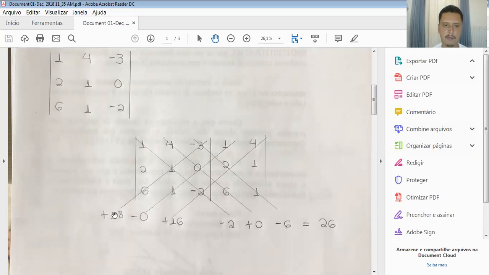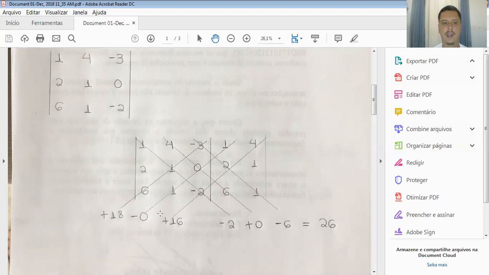So I put here plus 18. 1 times 0 times 1 equals 0. If I put a minus sign in front of it, it becomes minus 0. 4 times 2 times minus 2 equals minus 16. If I put a minus sign in front of it, I'm going to change its sign. So instead of minus 16, I'm going to have plus 16.